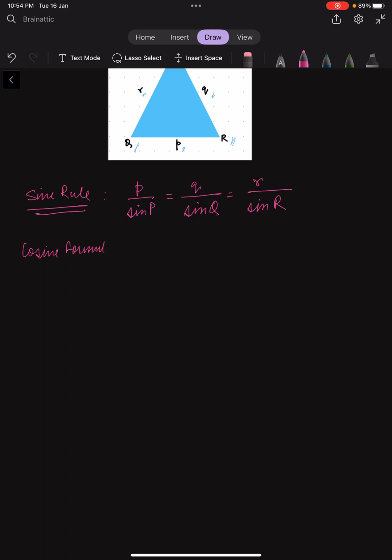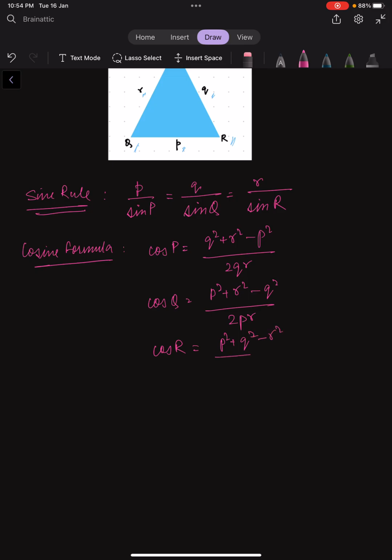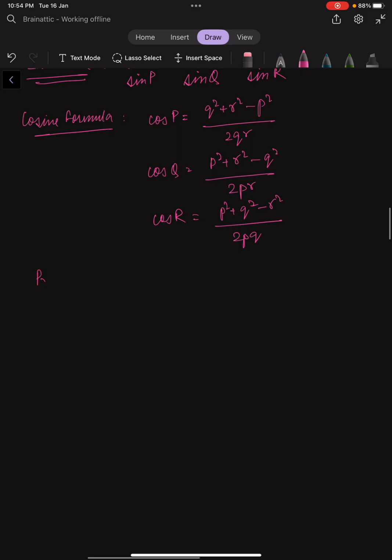Now this is nothing but cos P is equal to q square plus r square minus p square by 2qr, and cos Q is equal to p square plus r square minus q square by 2pr, and cos R is equal to p square plus q square minus r square by 2pq. And finally we'll be needing the projection formula.